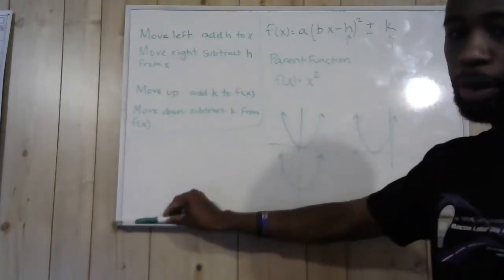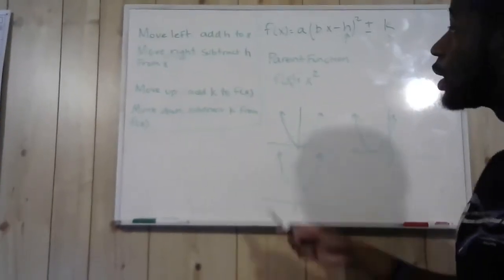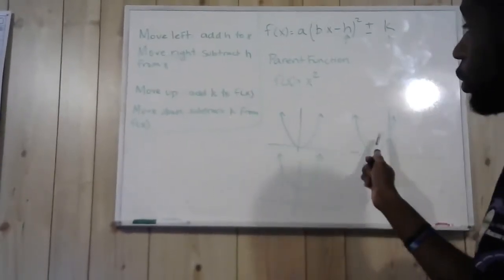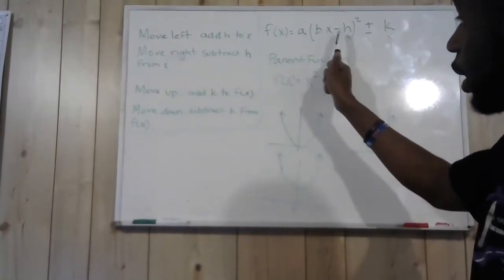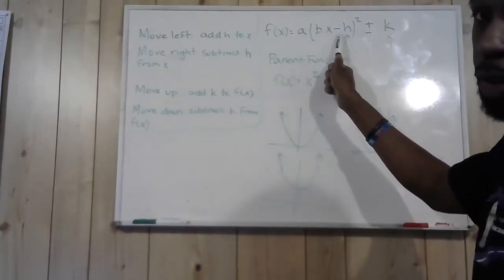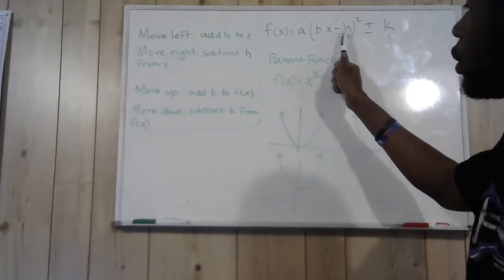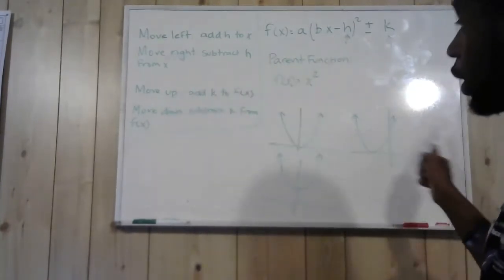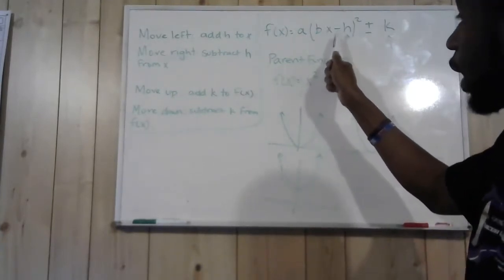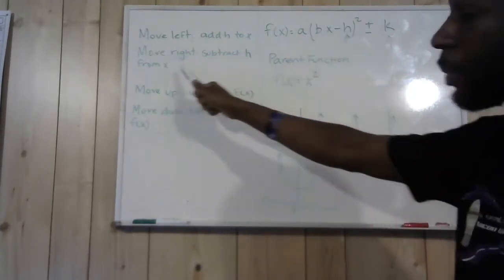Let me use a different marker. If you want to move the function to the left, you'll add some value, which we're calling h, to x. If you want to move the function to the right, you subtract a value, h, from x.